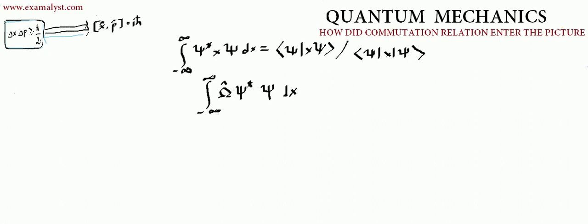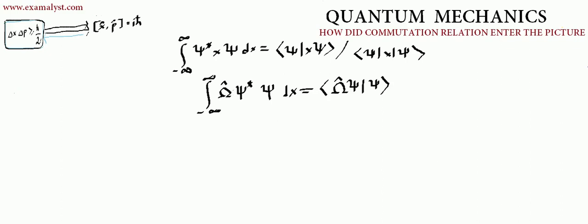Now this type of integral is written in the Cat-Bra notation as this omega operator acting on psi star. So both omega and psi are on the bra side, and on this side we have our psi in the cat side, which is the real one, I mean the one not with the conjugate.